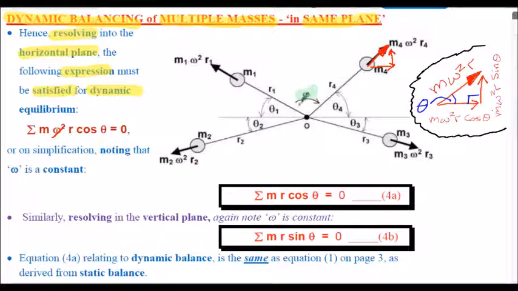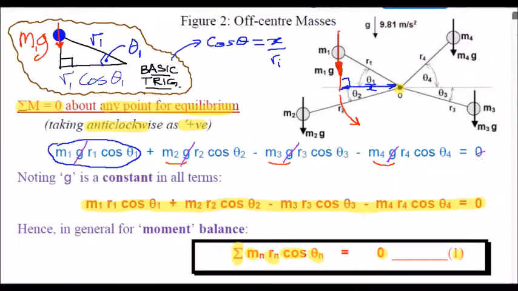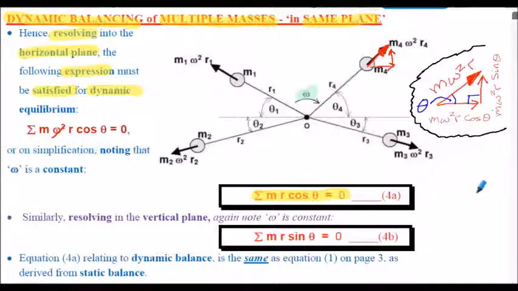And what you notice now is that this equation, if I just highlight it, the summation of the mr cos theta equal to 0, equation 4a, is the same as equation 1, the mr cos theta. When we did static balancing, the equation we derived was mr cos theta, that was equation 1. And when we do dynamic balancing, what do we get? We get the same equation.